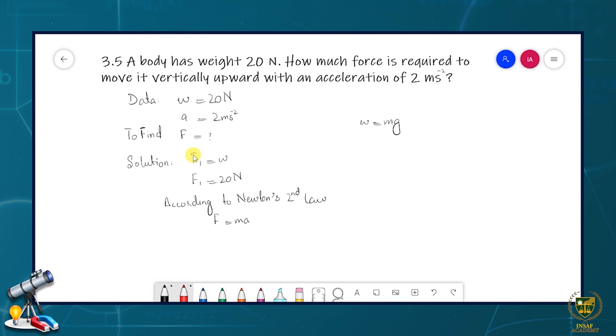As we have to find mass m, g will be divided on the other side. So m is equal to W over g.